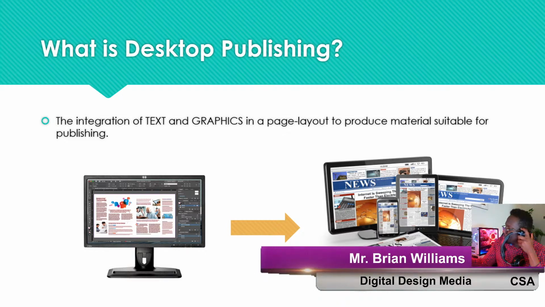So you have all of these bits of information that come together in desktop publishing, and it comes together in this software, and then it is outputted in many different ways, right?